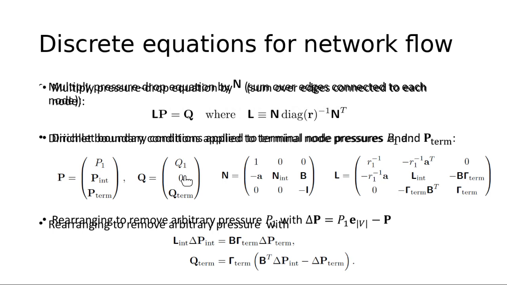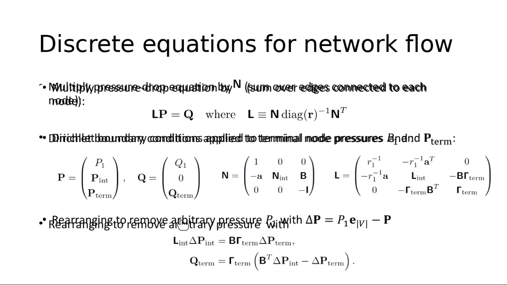At the branching points of your airways, you don't accumulate or lose air. There's a conservation of flow. And if you split your tree up into those three regions, then you can write your different operators like this, where this gamma term here is essentially the resistance of those terminal edges.